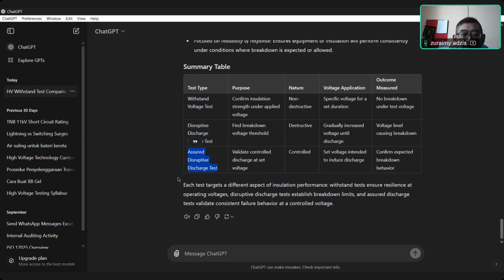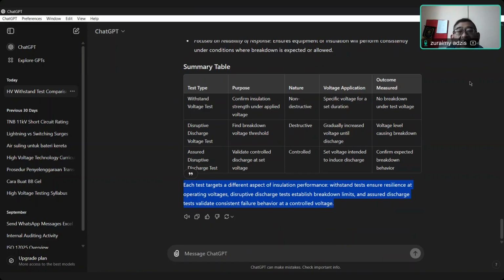Each test targets a different aspect of insulation performance. The withstand test ensures resilience at operating voltages. The disruptive discharge test establishes breakdown limits, and the assured discharge test validates consistent failure behavior at the controlled voltage. This summarizes all three, and can be used as a start for further assessing the types of tests in impulse voltage stresses.